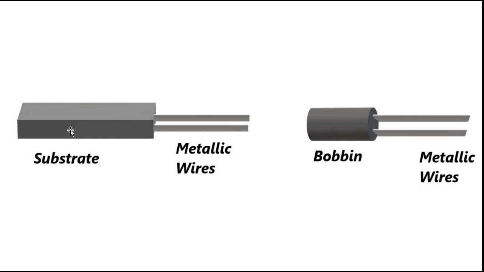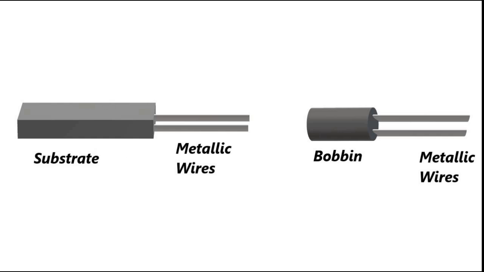There is a lot of other internal circuitry present which gives us a proper output in terms of change in resistance. This is the substrate type and this is the bobbin type, where we have a cylindrical base into which the metallic wires are inserted. These are the two simple designs of resistance temperature detectors.